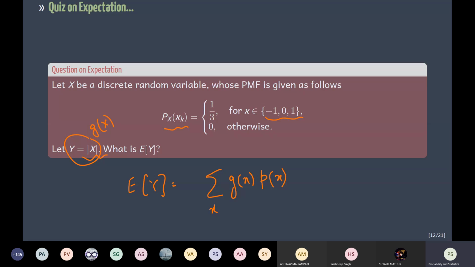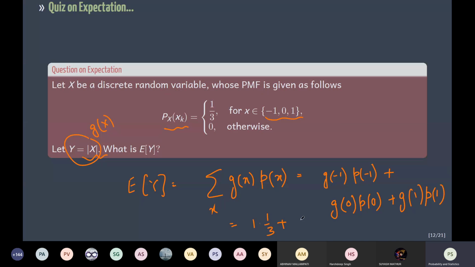If we substitute the values of x, the first one is g of -1 times p of -1, plus g of 0 times p of 0, plus g of 1 times p of 1. g of -1 is the absolute value of -1, which is 1, and the probability p of -1 is 1 over 3.